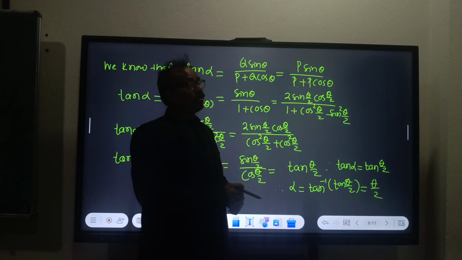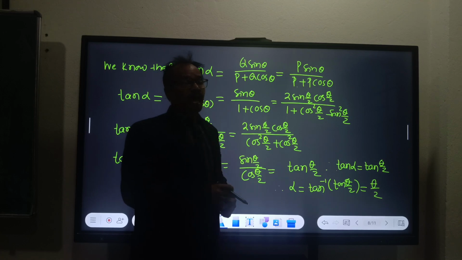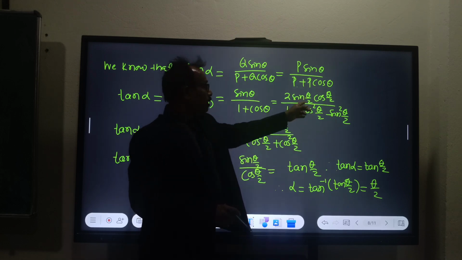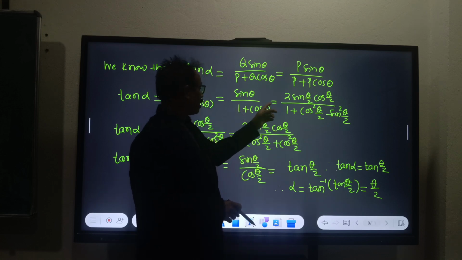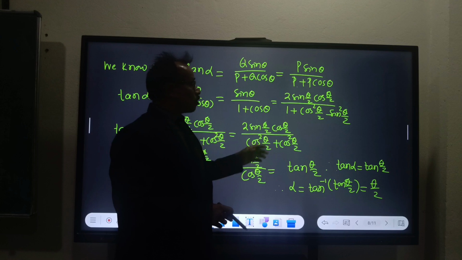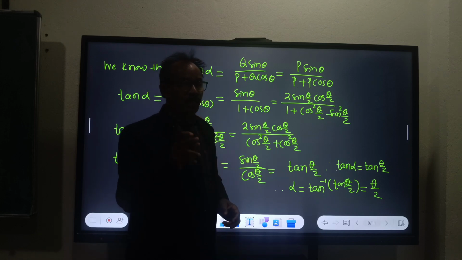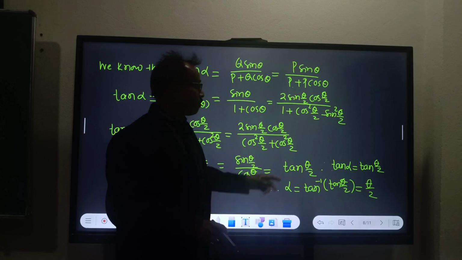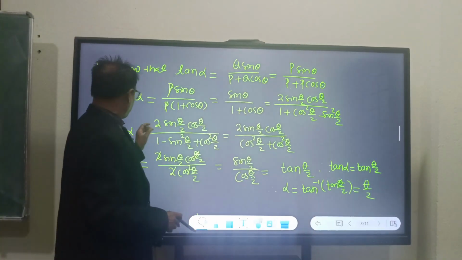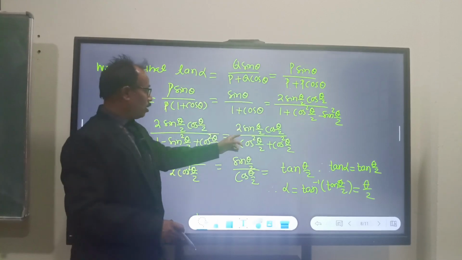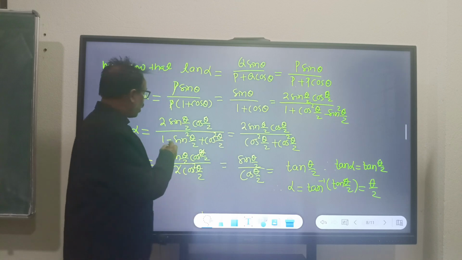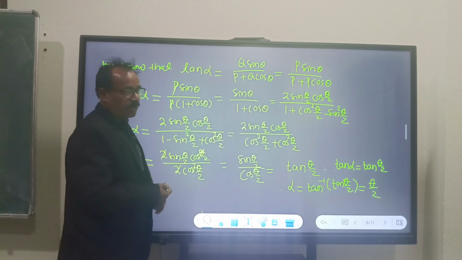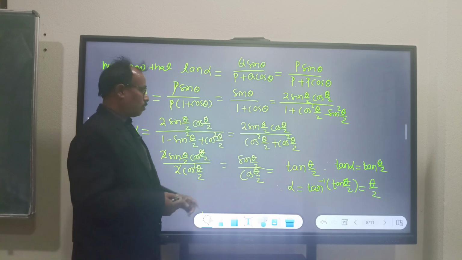You know the formula of sin theta is equal to 2 sin theta by 2 into cos theta by 2, and 1 plus cos theta is equal to cos square theta by 2 minus sin square theta by 2 plus 1. Therefore, tan alpha is equal to 2 sin theta by 2 into cos theta by 2, because 1 minus sin square theta by 2 is equal to cos square theta by 2.